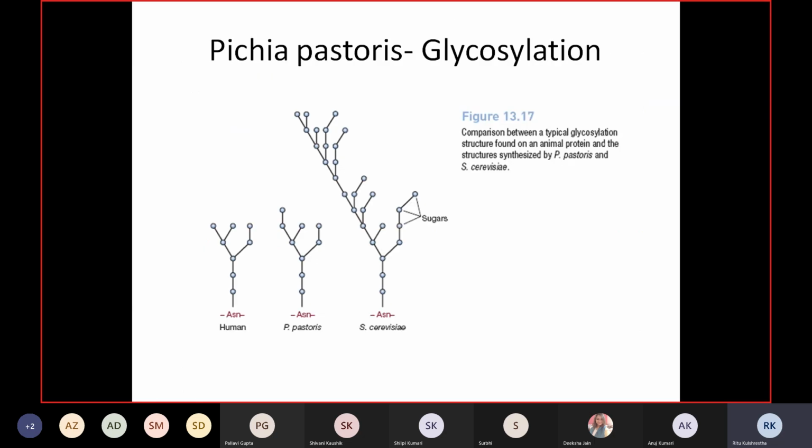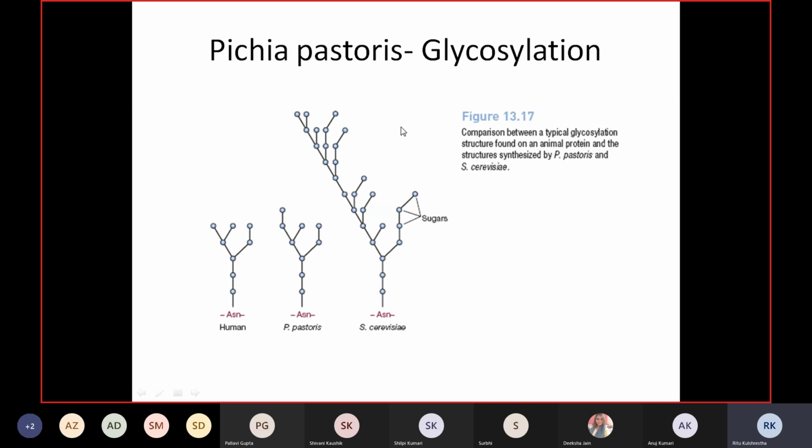So I have one picture here. So this is, let's say, some protein which is expressed in human. And this is the glycosylation pattern here. But in S. cerevisiae, when I overexpress the same protein, I see huge amount of hyperglycosylation here, right?